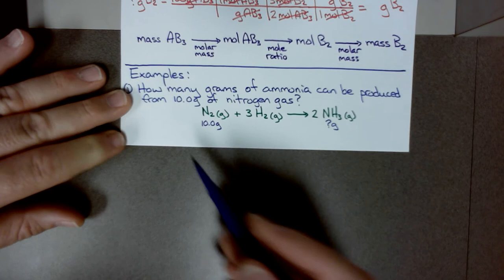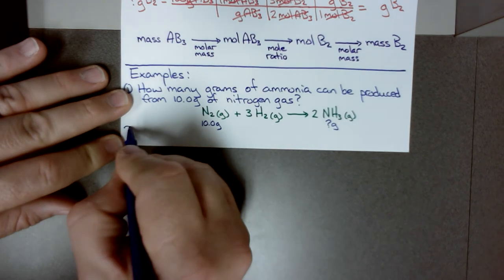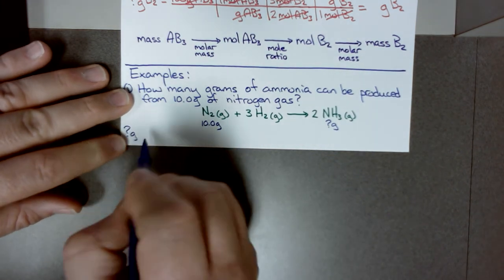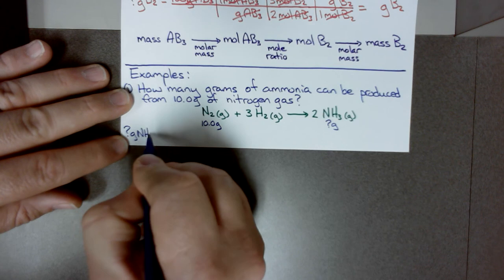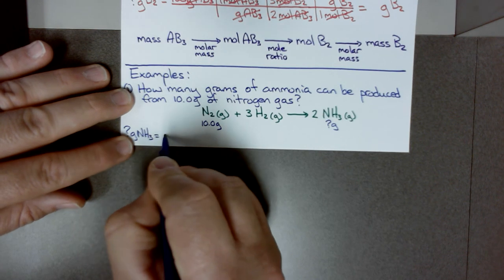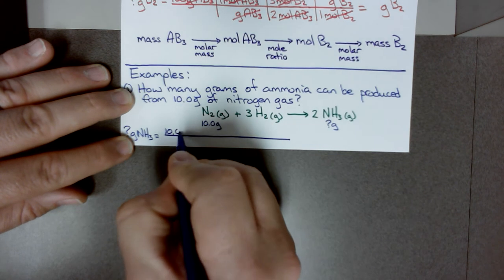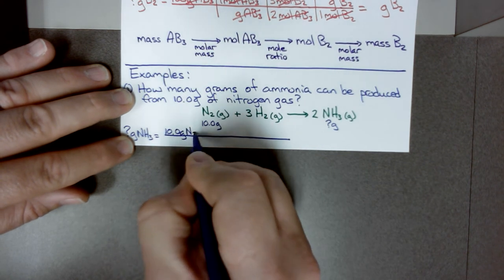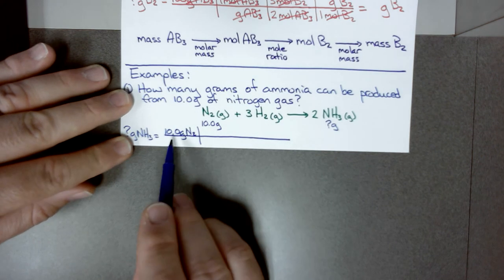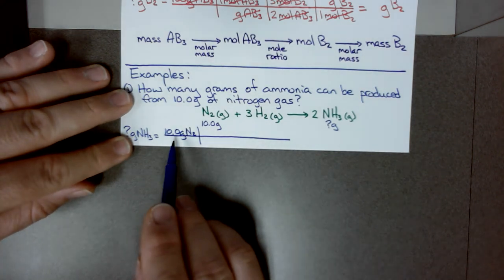So I'm going to do my dimensional analysis. How many grams of ammonia when I start out with 10.0 grams of N2.